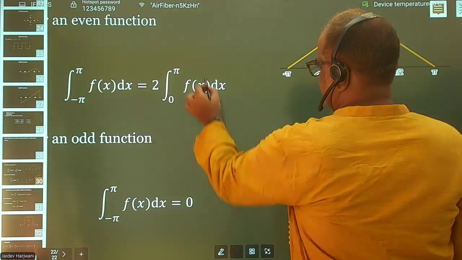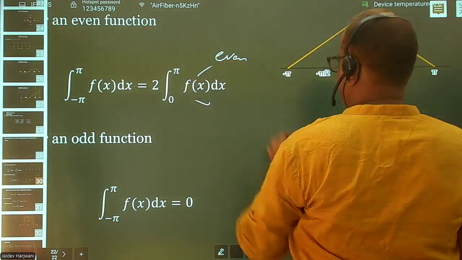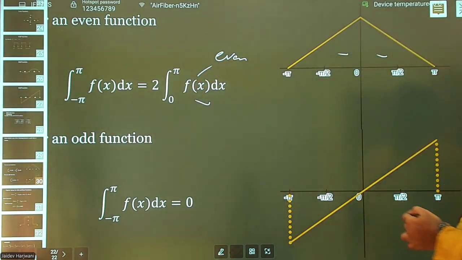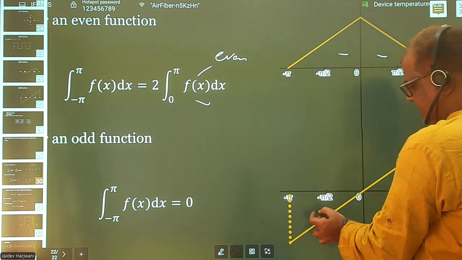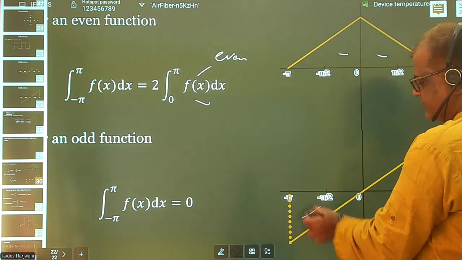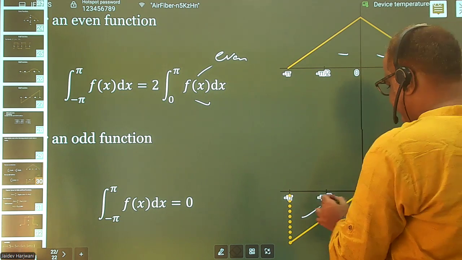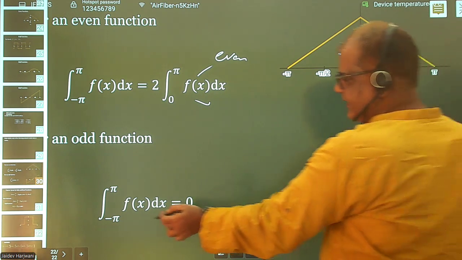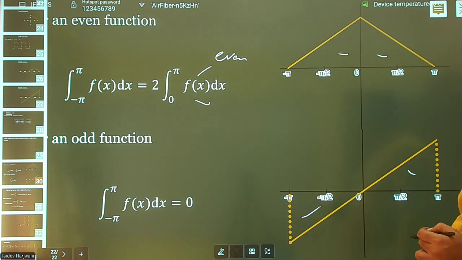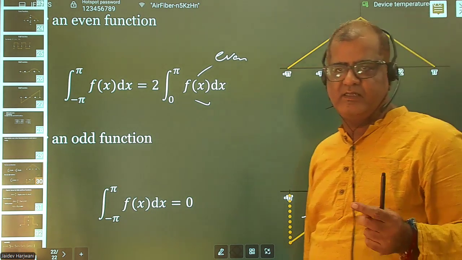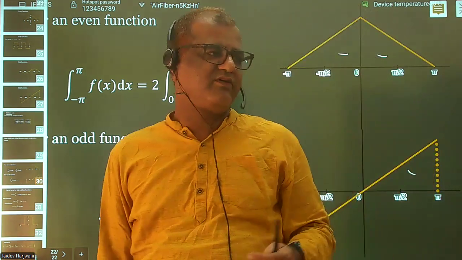Now if you see an odd function, the area above the x-axis is equal to the area below the x-axis, so this is a negative area. If I sum these two areas from minus pi to pi, it becomes 0. So this greatly simplifies our Fourier series.